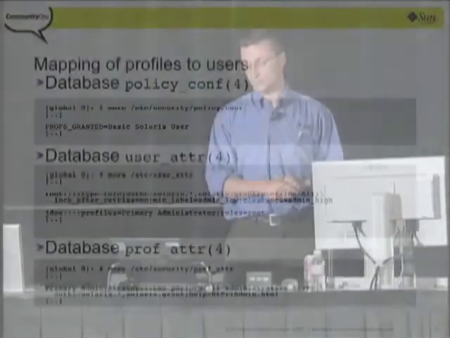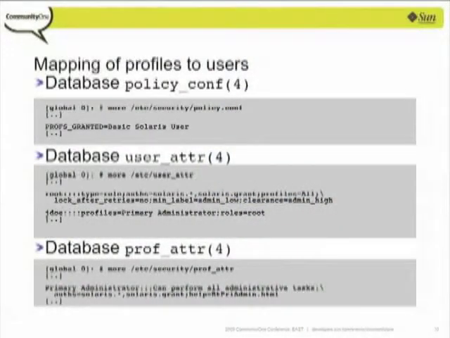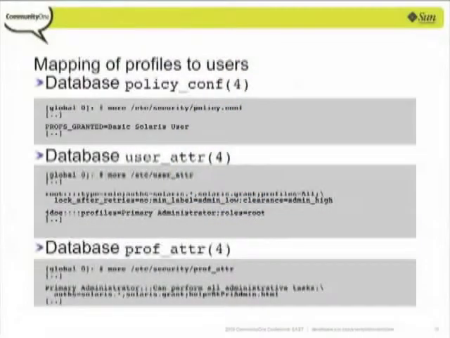A few more policy entries. policy.conf, already mentioned that; user_attr I mentioned; and then prof_attr, which defines all the different profiles that are predefined on the system. And again, you can extend that to your heart's content. The ones in there are very typical ones that users and enterprises actually use. The one I'm listing here is, again, the almighty one, the Primary Administrator.